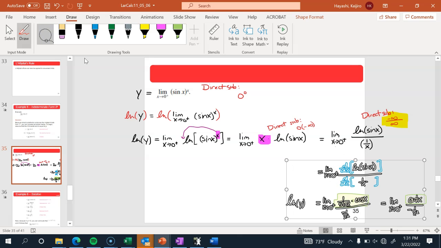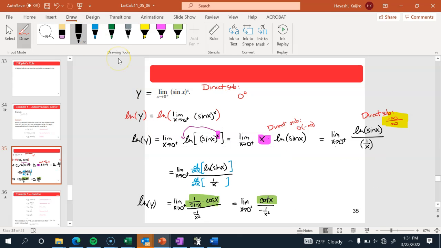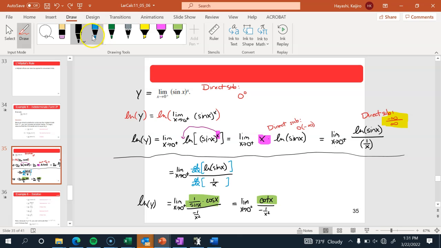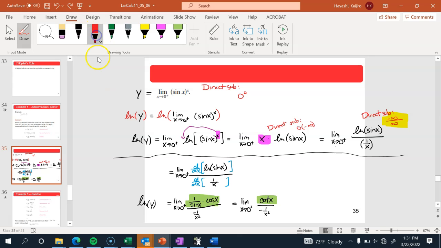Actually, I'm just going to continue using this page. Okay.